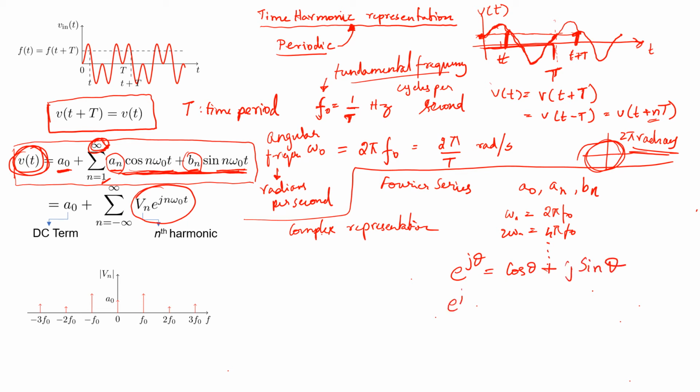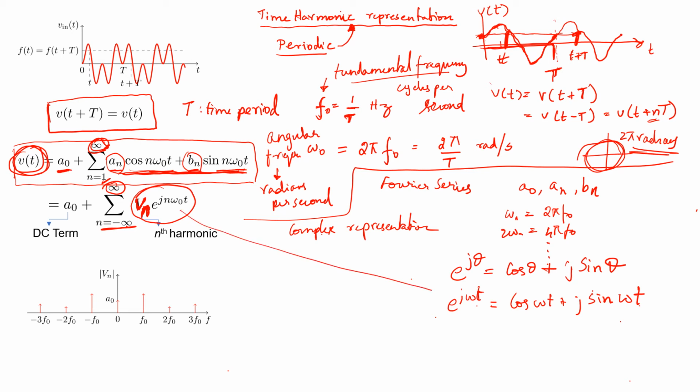That is, e power j omega t is simply cosine omega t plus j sine omega t. And by doing so, we see that the summation has to be from minus infinity to infinity, and we get a coefficient Vn, which now has to be a complex number, multiplied by e power j n omega naught t.